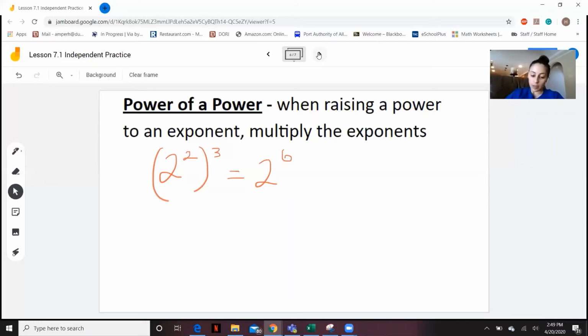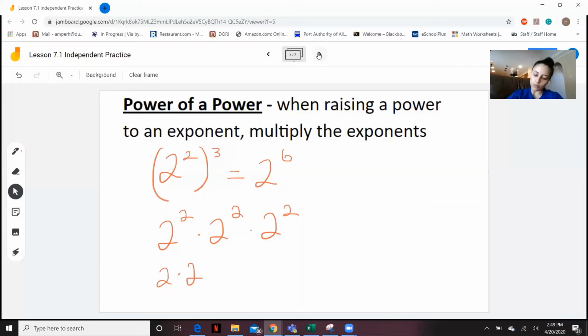So to show you where this comes from, remember when we have an exponent, that's how many times it's being multiplied. So 2 to the 2 times 2 to the 2 times 2 to the 2, right? And whenever we have 2 to the 2, that is really just 2 times 2, right?